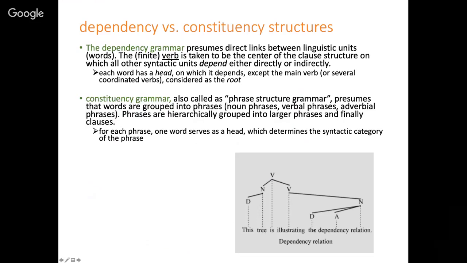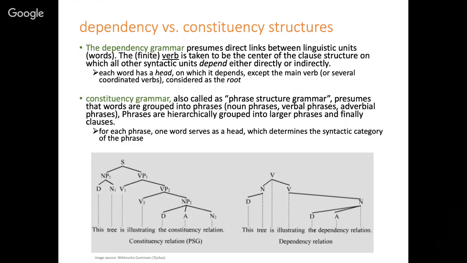And in constituency grammar, which is also called phrase structure grammar, there is the idea that words are grouped into phrases, noun phrases, or verbal phrases, or adverbial phrases, etc. And these phrases are then similarly hierarchically grouped into larger phrases and finally clauses.